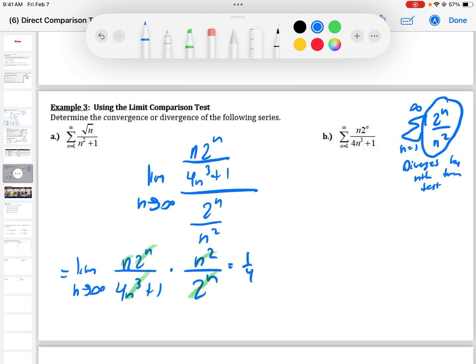So my limit would be 1/4. And since 1/4 is finite and positive, I know this series also diverges by the limit comparison test. Since I'm comparing it to something that diverges, and it gave me a positive finite number when I compared the limits of the quotients, it also diverges.